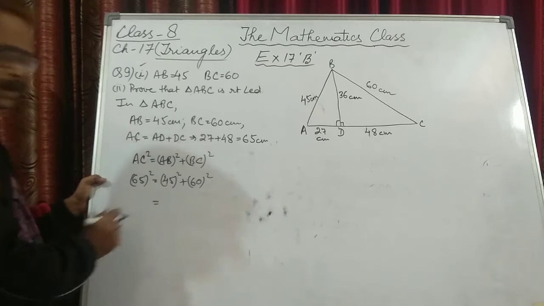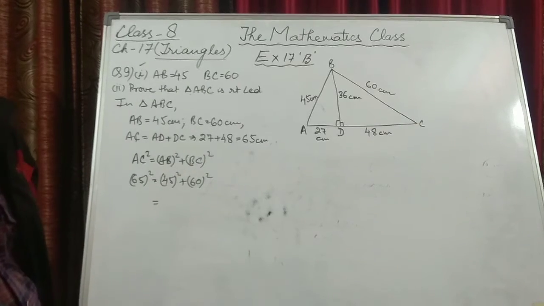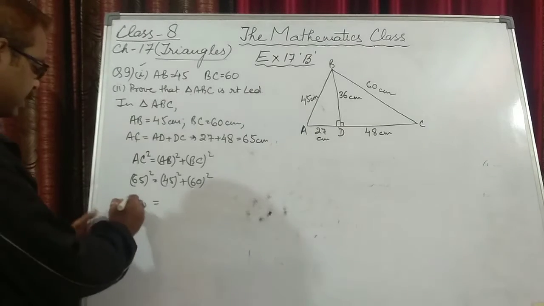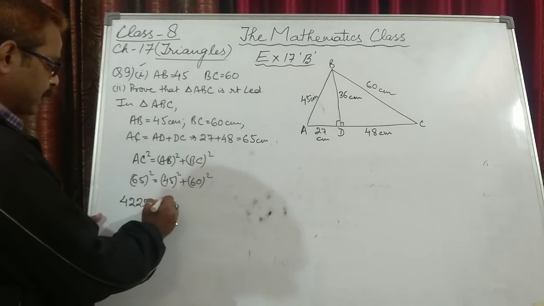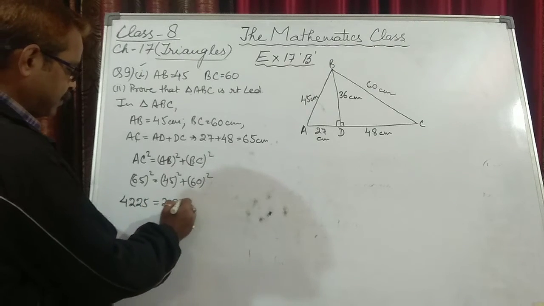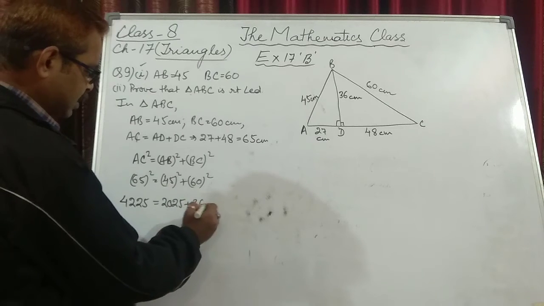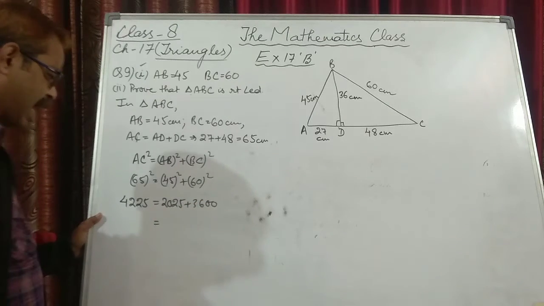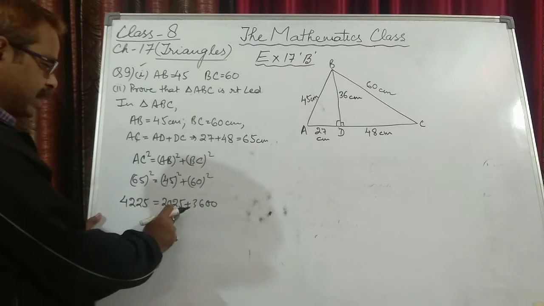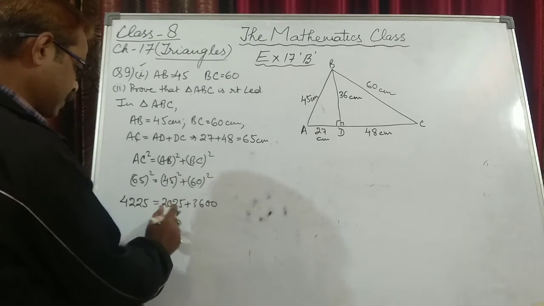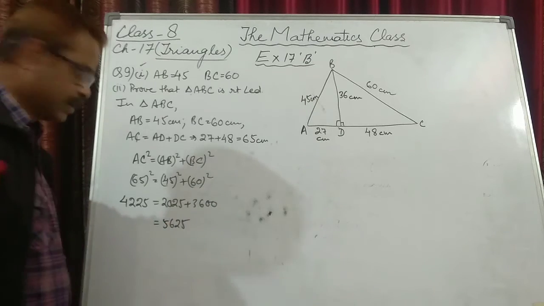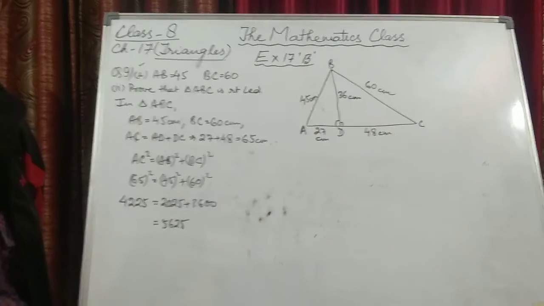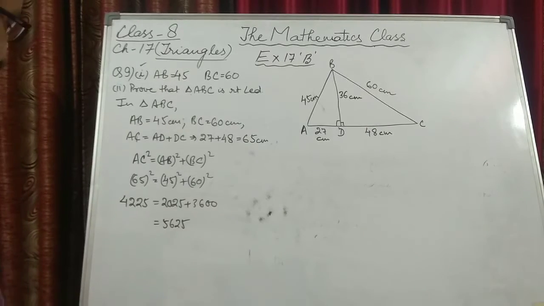If it is equal, then it is a right angle triangle. Now 65 square is 4225. 45 square is 2025. 60 square is 3600. Let us add.